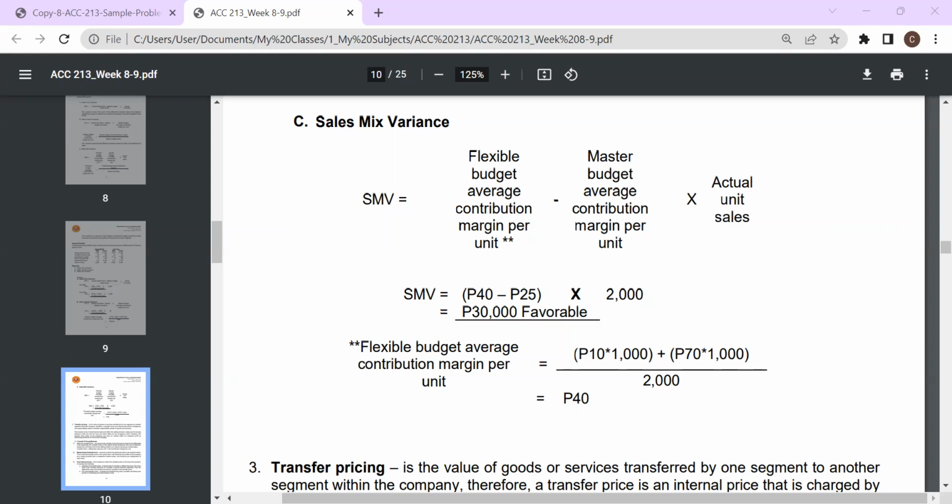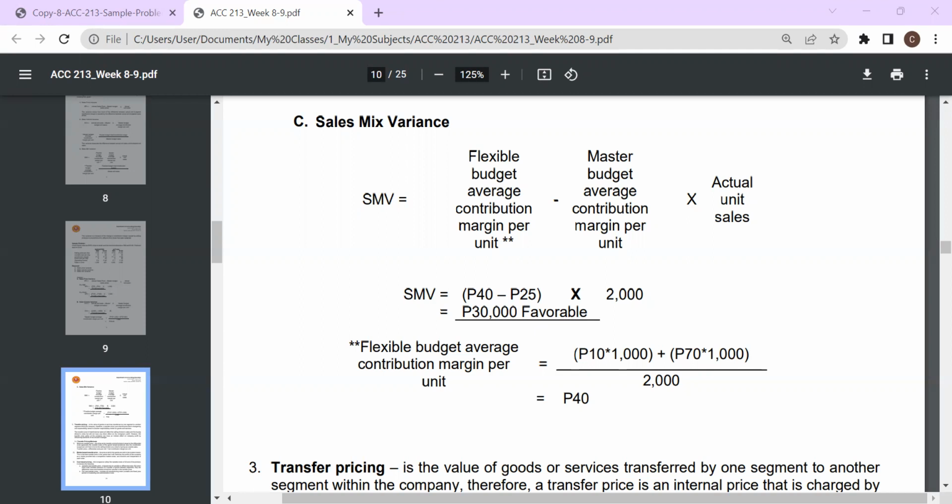Now, the first requirement is to compute for the sales price variance. So for us to do that, you have to compare the actual price or selling price per unit of both products versus their budgeted sales price. So for Zim, for example, you have to compare our actual selling price is 12.50, whereas the budgeted is 13.